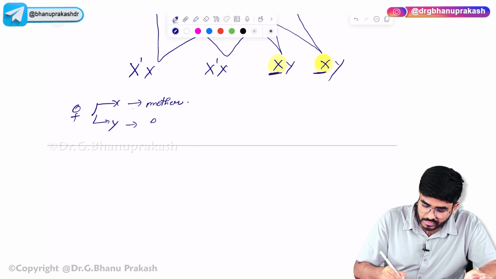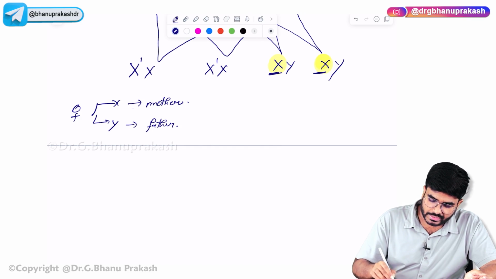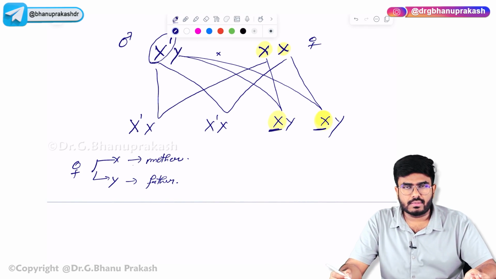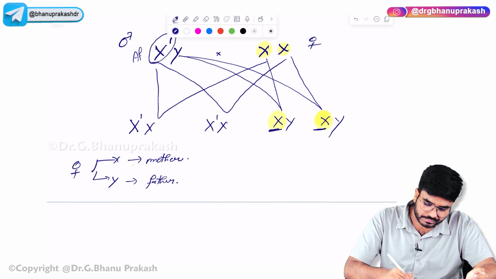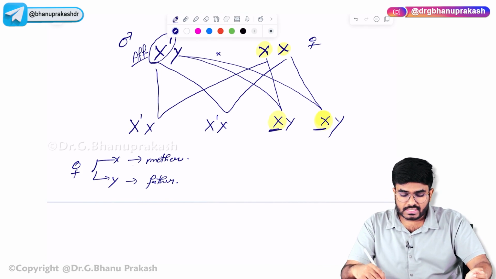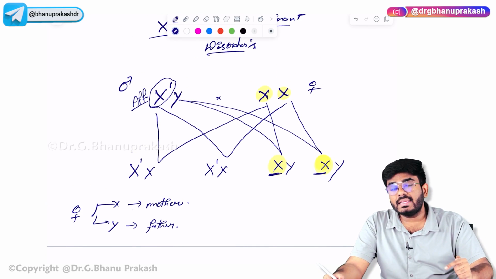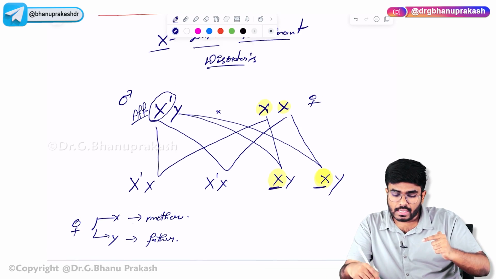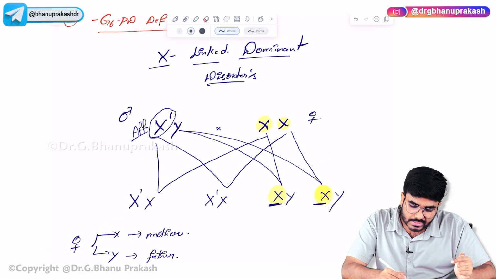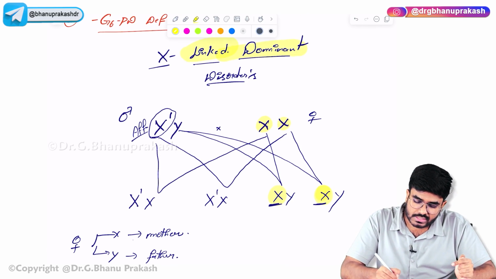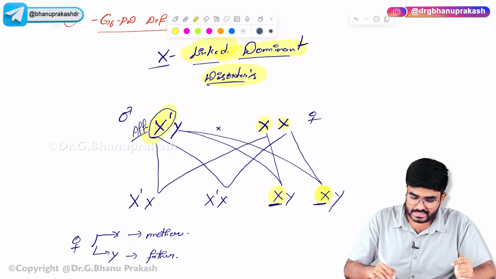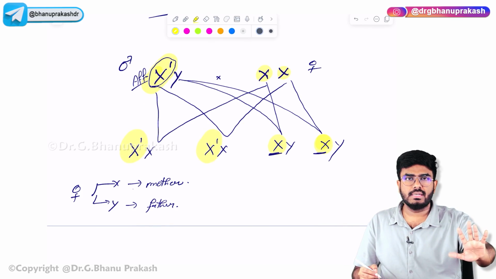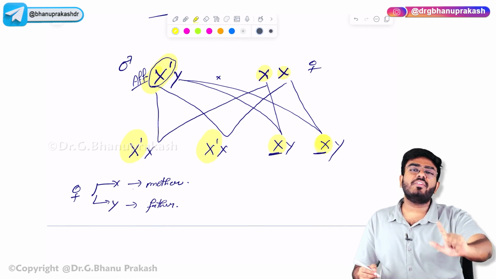Y is always coming from the father. So now in this condition, the father is the affected father. If the father is affected, who is getting affected? In all these X-linked dominant disorders, if a father is having the disease, the father is going to spread the disease to the females. Father is always going to affect the females.